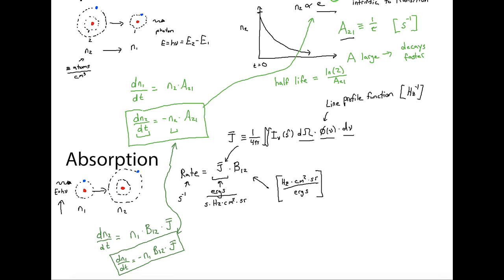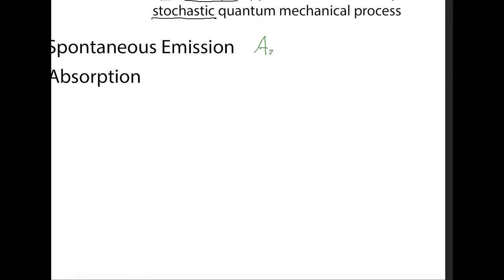Now I'm going to consolidate things here a little bit so that we can talk a little bit more about this balance of absorption with the spontaneous emission that we covered already. So we had spontaneous emission with an Einstein A coefficient, A21, and we had an absorption coefficient, B12, which took atoms from the ground state and put them into the excited state.